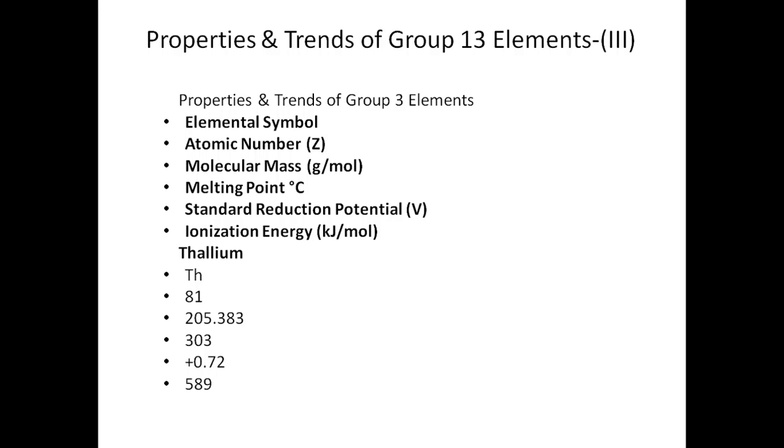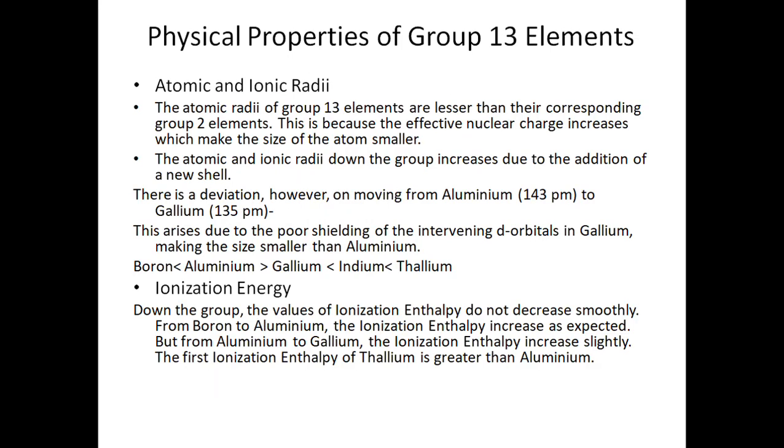Now the last element, thallium, has melting point 303, reduction potential again increasing, that is +0.72, and the ionization energy is 589.